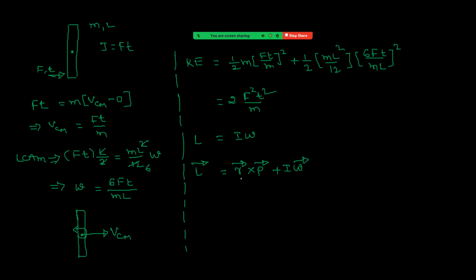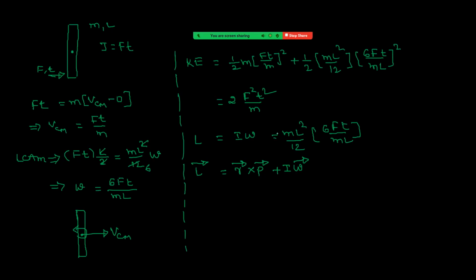That means between these two vectors, angle is 0. Next, the remaining is only rotation about center of mass. So directly I value ml square by 12. Okay. Omega value 6 Ft by ml. Right. So like this we can calculate.